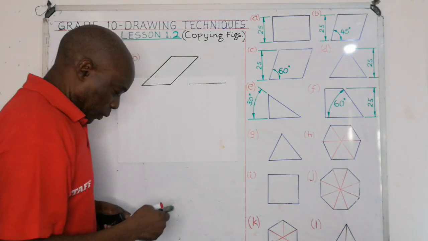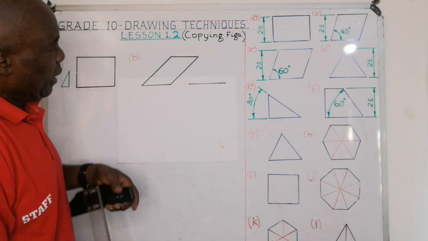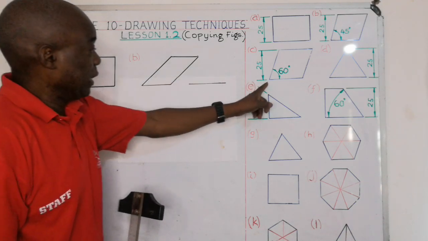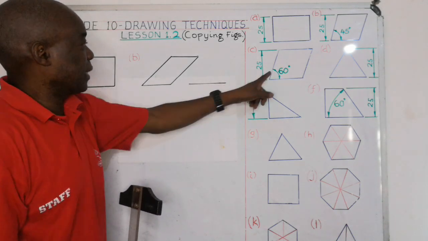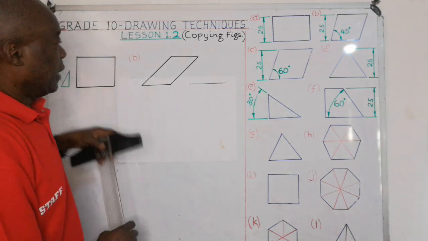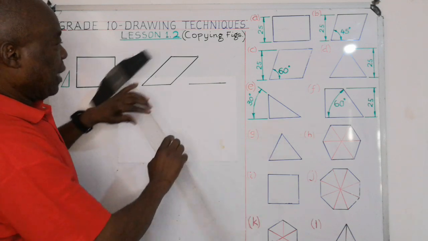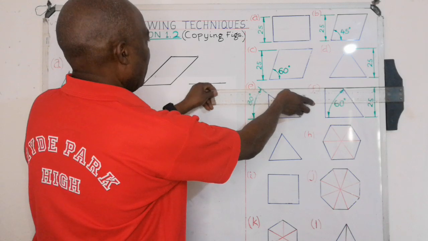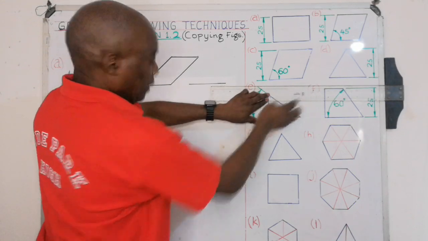So it means you are going to draw construction lines from each of those points, the end points of the line of the given base, which is this one. That's the one which is given. So from here you draw a line at 60 degrees and also from there at 60 degrees. So my T-square is now short. It can't reach there, but I know how to go about that.